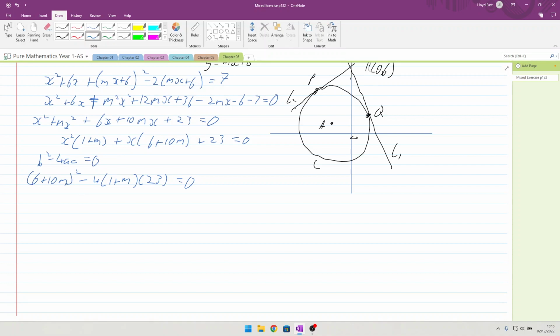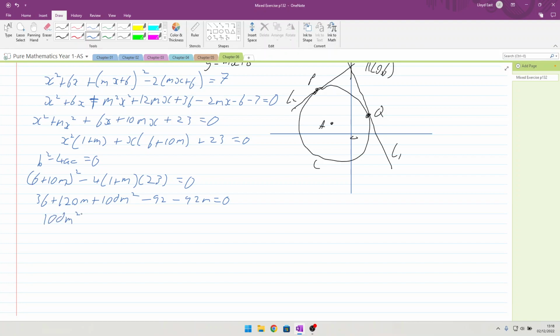Multiplying that out, 36 plus 120m plus 100m squared, and 23 times 4 is 92, so minus 92 minus 92m equals 0.